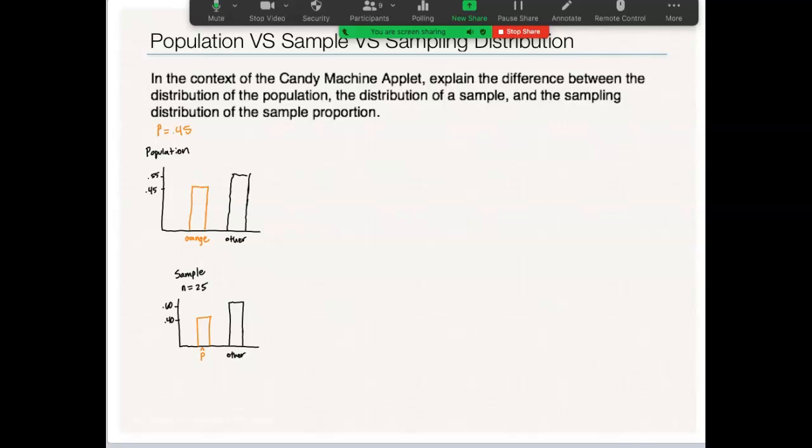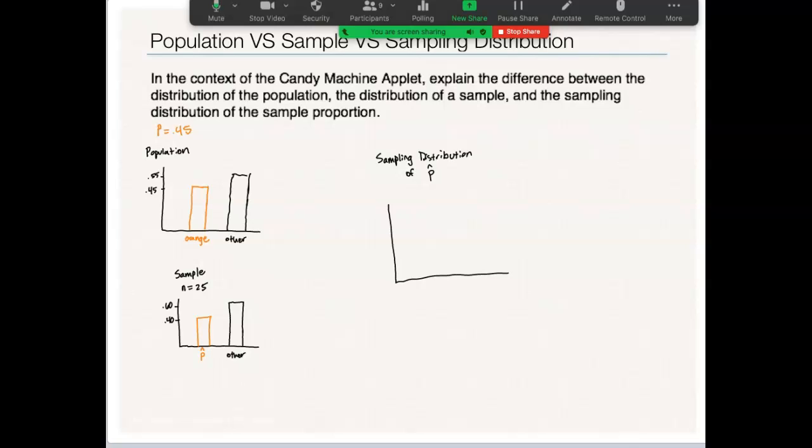All right. And then what's really important that we understand is what a sampling distribution of p hat would look like. And so that's where you take all possible samples of the same size.